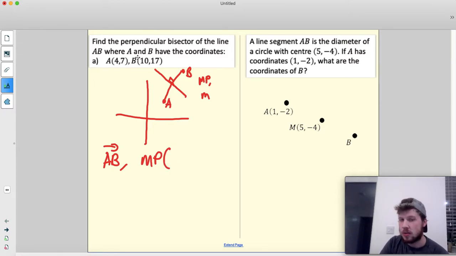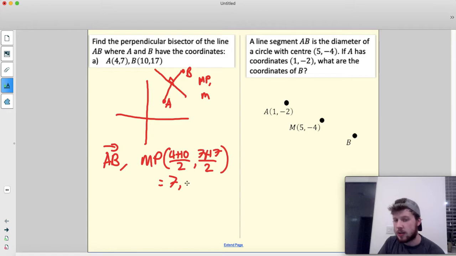The x coordinates are 4 and 10, so I add them together and halve it. The y coordinates are 7 and 17, so again I add them together and halve it. This gives me a midpoint of 7 and 24 halved, which is 12. So my perpendicular bisector goes through the point 7, 12.